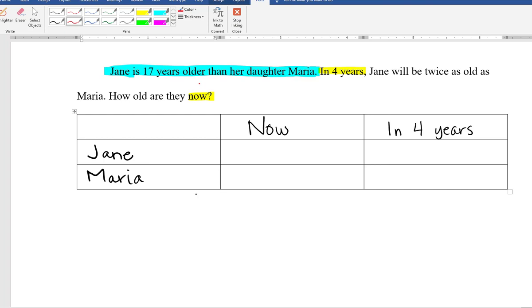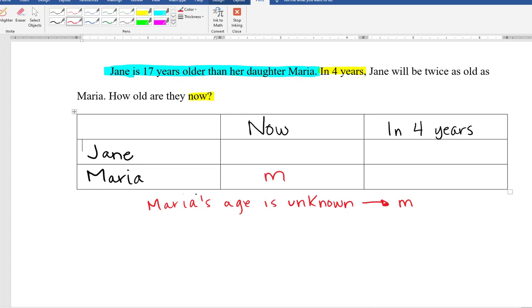And therefore, we say Maria's age is unknown. And in math terminology, that's going to be some type of variable, an x, a y, a z. I'm actually going to use m for Maria. Why not? So Maria's age today, now, is unknown, but we're going to replace our unknown with the letter m.